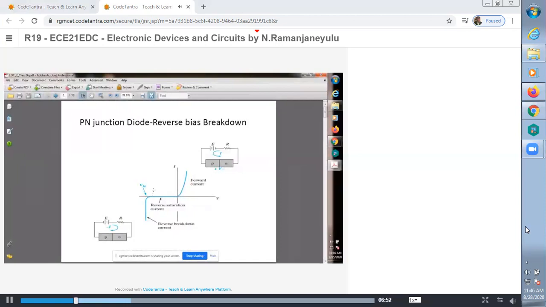That current is also called reverse saturation current. It is in the range of nanoamperes, almost constant, independent of reverse voltage, up to a certain voltage.